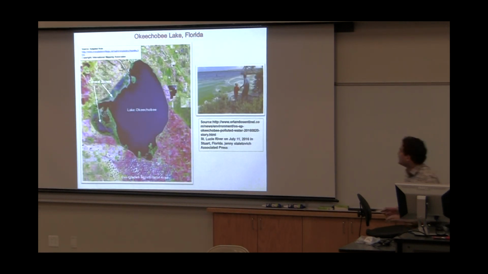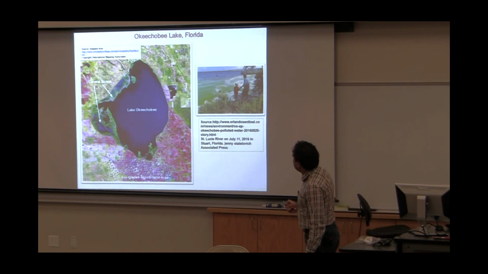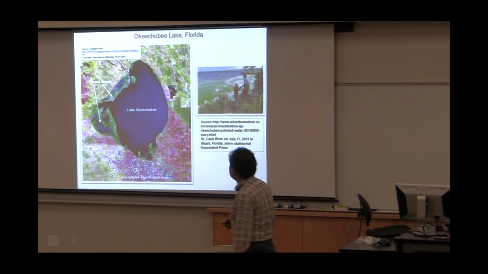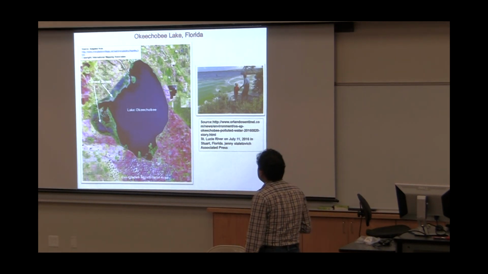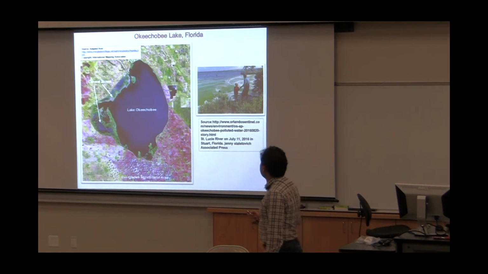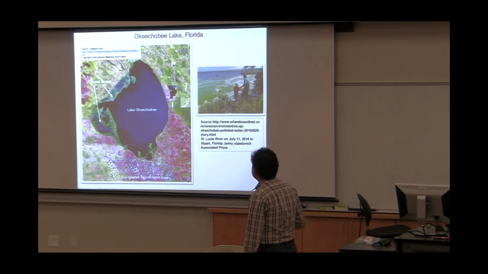The second is Lake Okeechobee in Florida. In the Florida upland ecosystem, the normal range of phosphorus is 1900 to 3000 milligrams per kilogram, and that is very high in intensive agricultural areas.